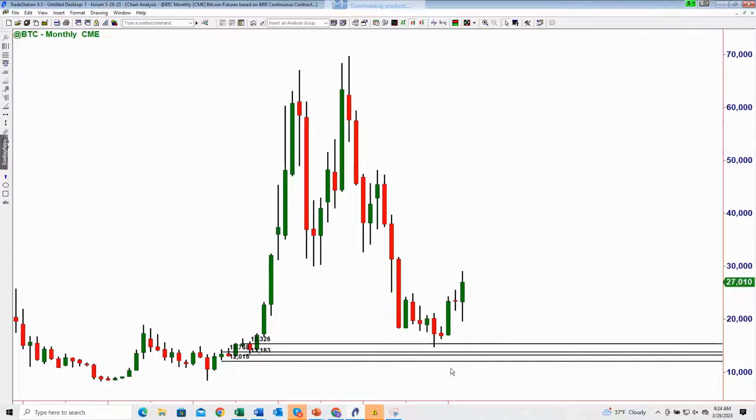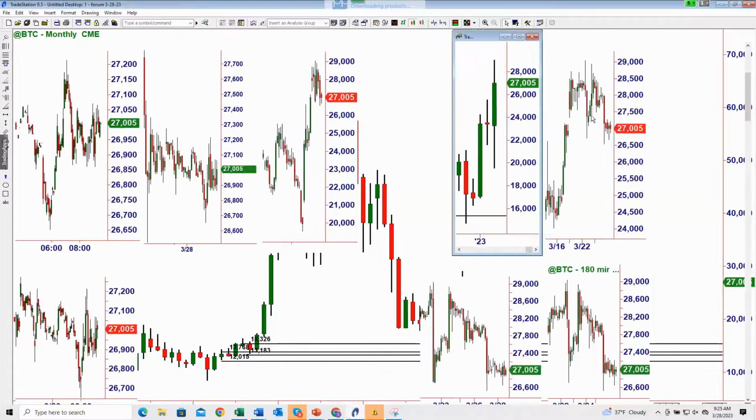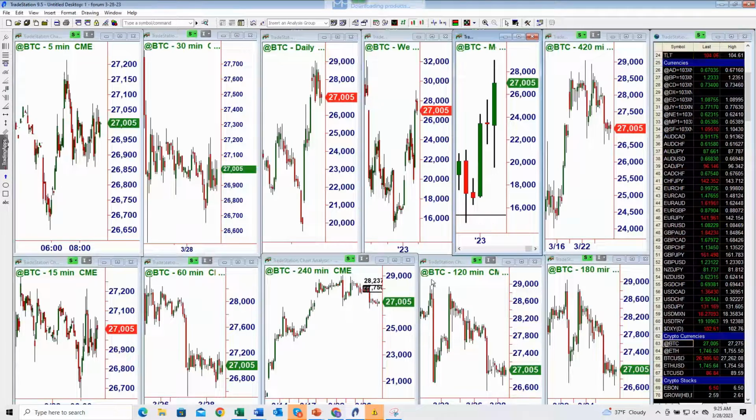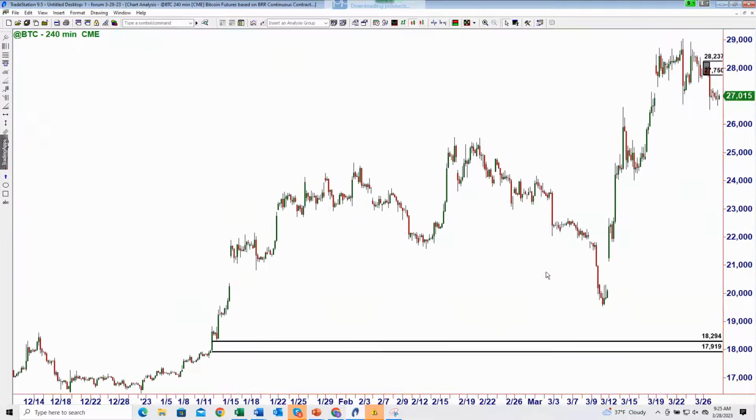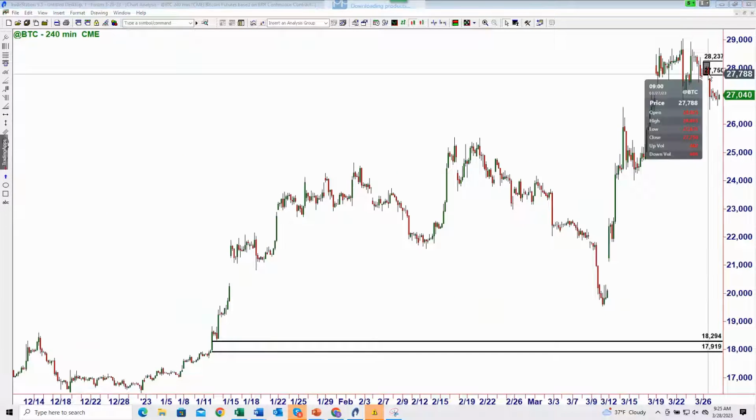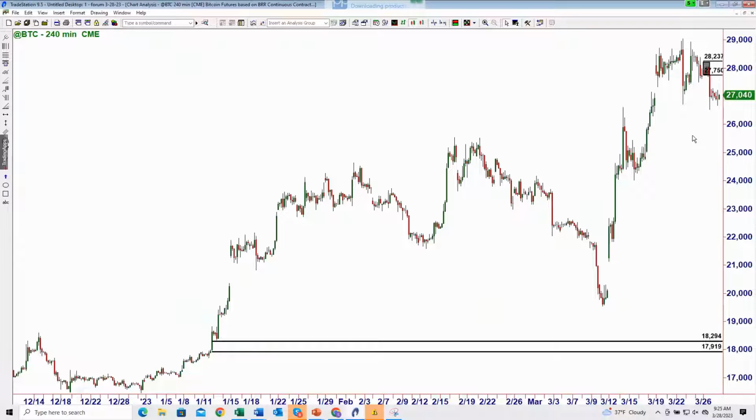For those of you that have been in our FXStreet sessions for a while, you probably remember a ways back we went over this one, and price ultimately came down to the demand zone here, and now we're rallying, and it looks like we actually have a new supply zone that just developed above, right up here. And with a nice little profit zone below. So we'll see there.